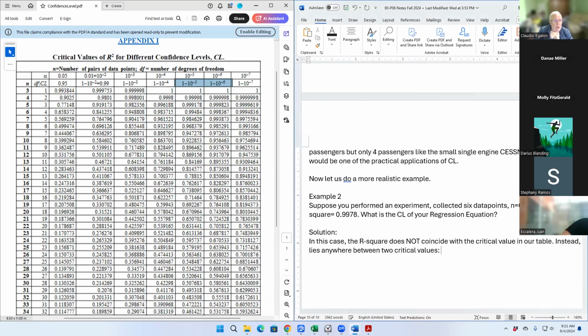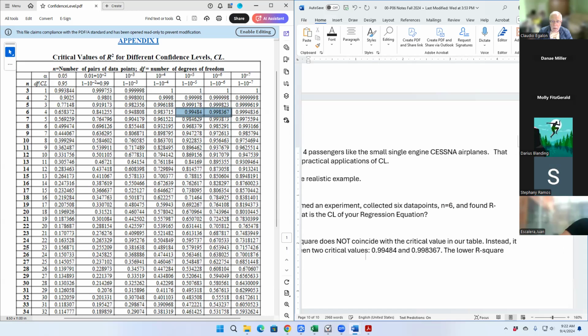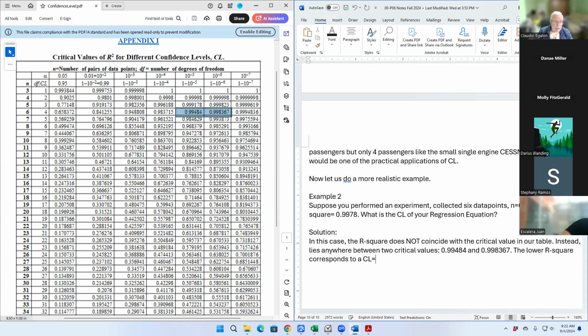In this case, 0.99484 and 0.998367. The lower R square corresponds to a CL of 1 minus 10 to the minus 5, whereas the higher R square corresponds to a CL of 10 to the minus 6.